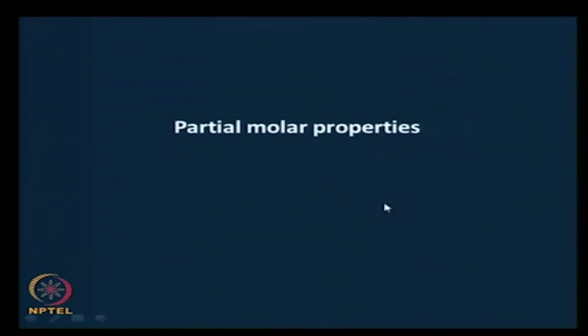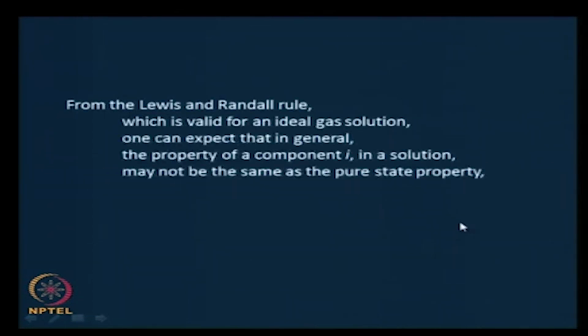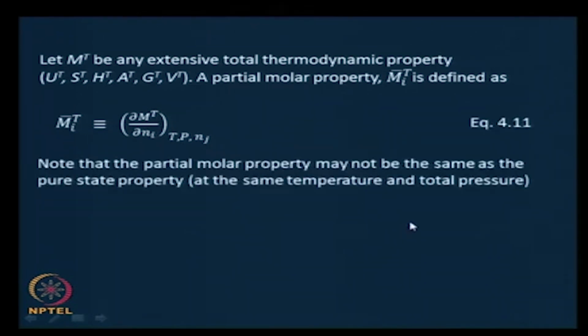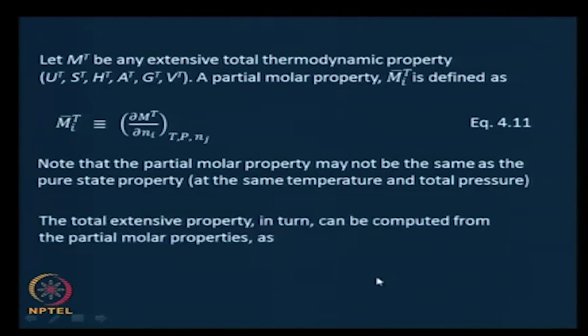to represent appropriate properties we need partial molar properties, which are defined as dou M T dou n I at constant T, P and n J. You could define partial molar properties for any of these, and our representation was M I hat, and the total, this is the reason why we bring about partial molar properties.